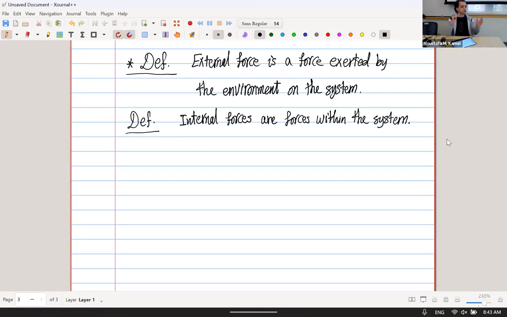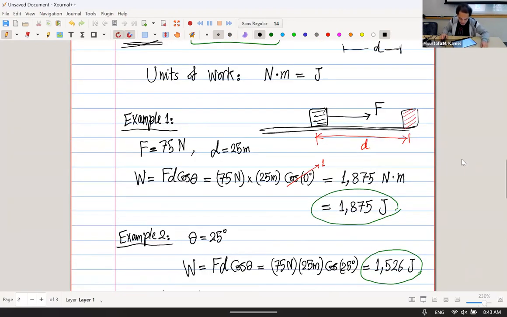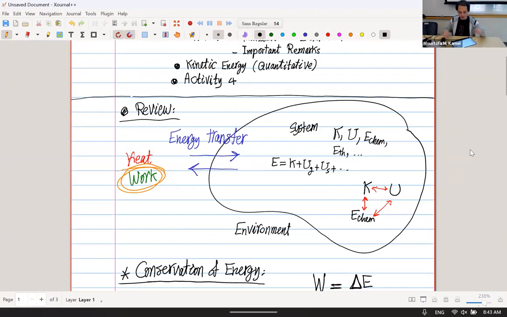External force does work on a system, transfers energy to the system or takes energy out of the system, but internal forces only transform energies among one another within the system, and do not change the total energy of a system.